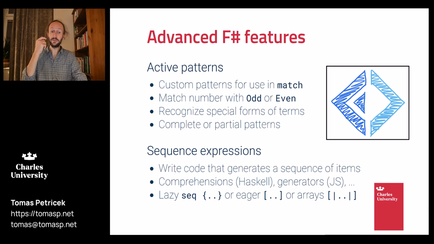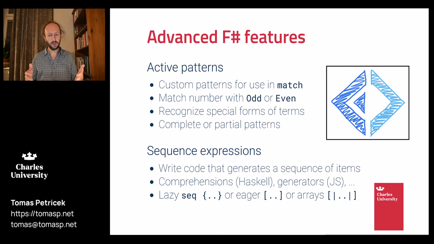The other thing that we will need in this lab is to write some code that generates a sequence of items. This is something that exists in a couple of other languages. There's comprehensions in Haskell or generators in JavaScript, where you have some code that can yield or produce multiple values that are then collected in some sort of collection.